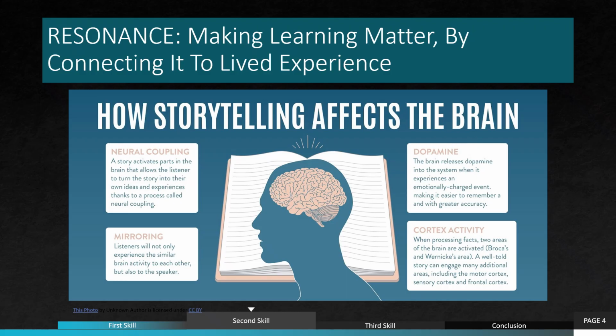Doing this type of activity not only gets students to open up, but it centers students' lived experiences, not just academic content. It allows for differentiation. Students can draw, write, or dictate.